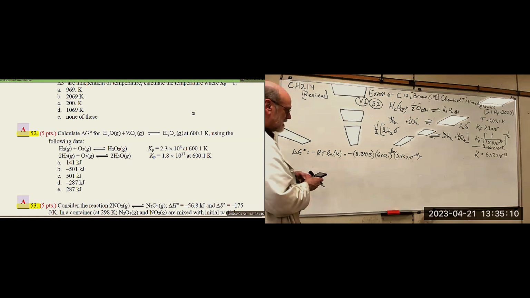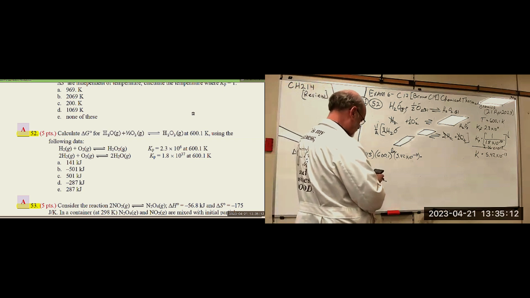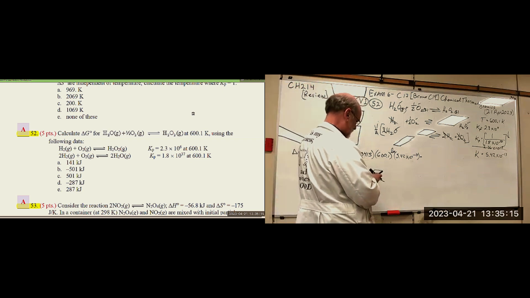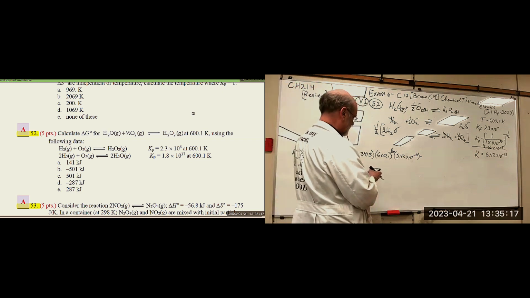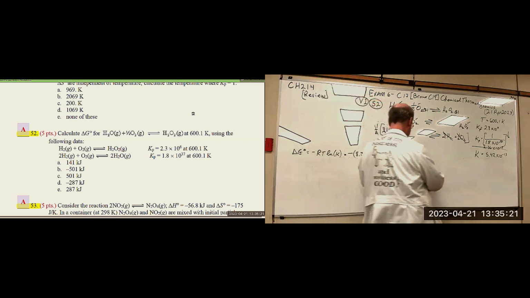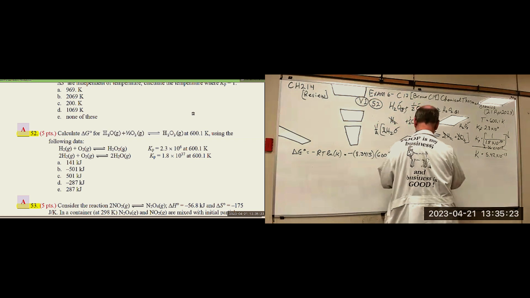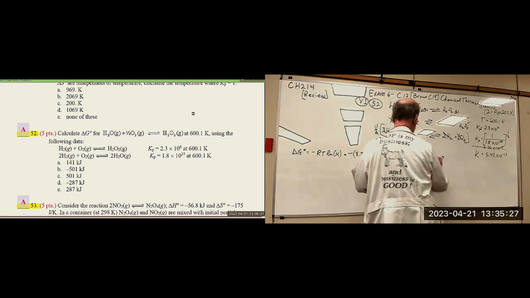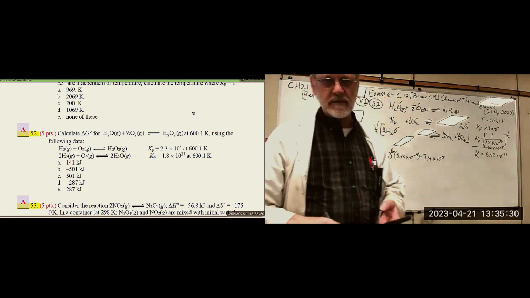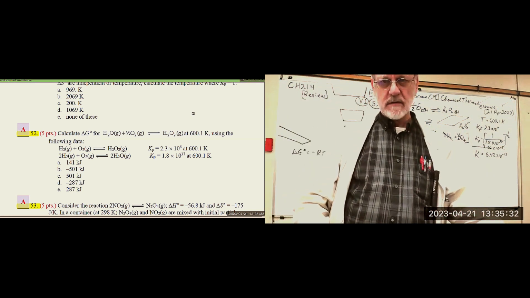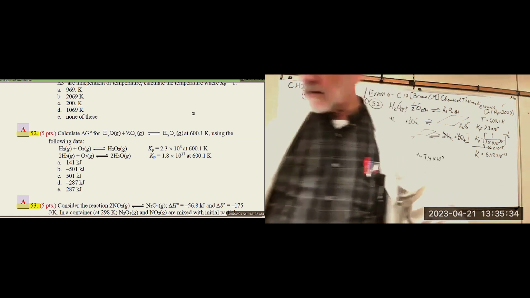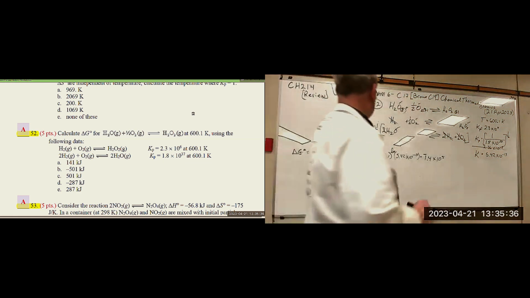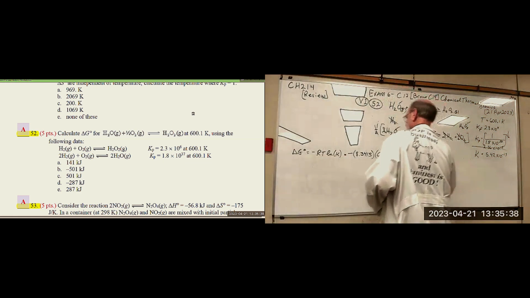600, and then take the log of 5.42. Take the natural log of that, and times. Now we get negative 1.4 times 10 to the 5th. Now what's wrong? Oh, that's joules. Yeah, that's joules.